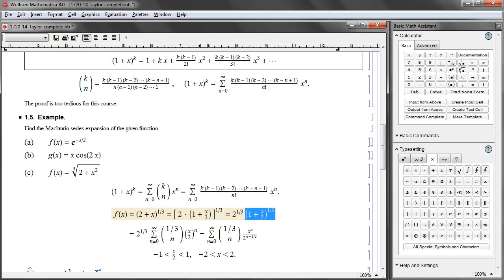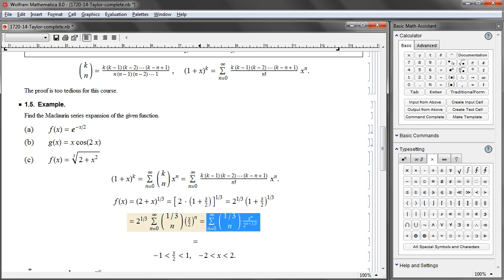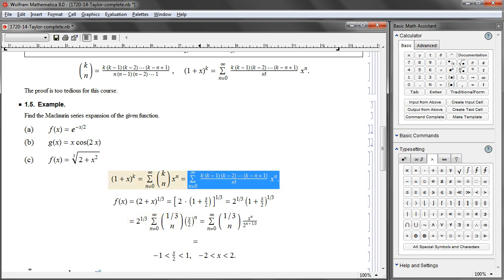We can apply the binomial theorem, and we have binomial (1/3, n), and then multiplying 2 to the 1/3 power to each denominator, we get 2 to the (n minus 1/3) power in the denominator. Okay, that's enough. Is it really necessary to go one more step here?